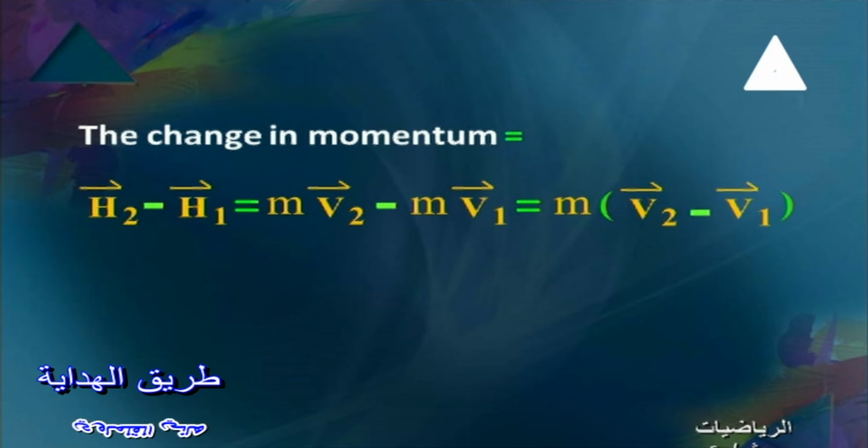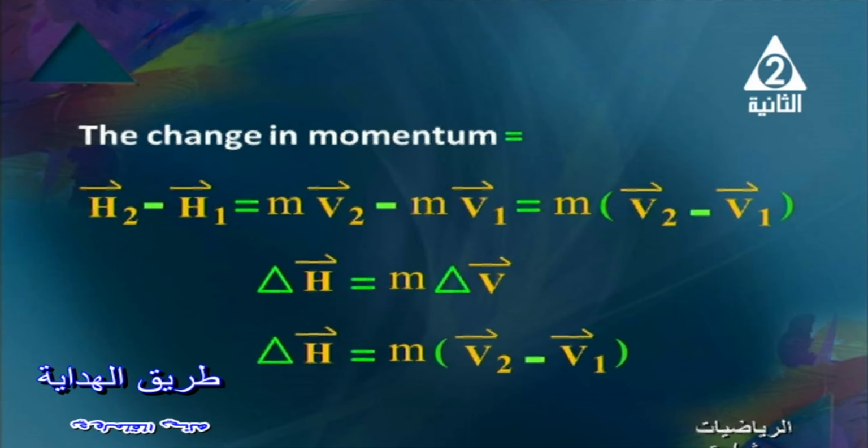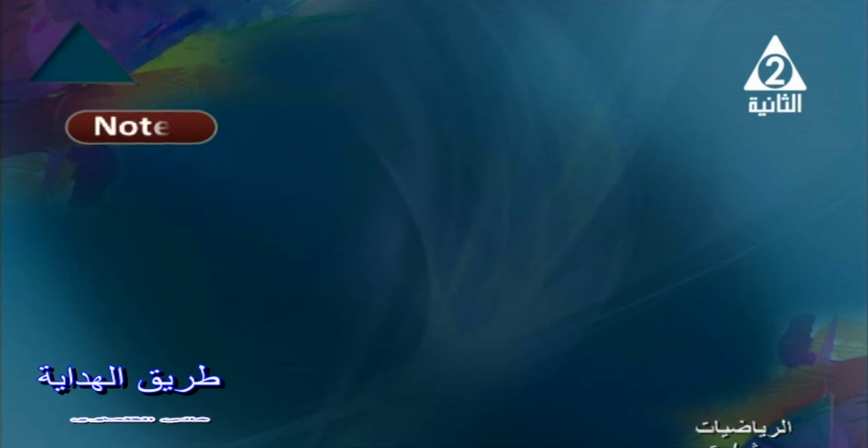We can take the mass m as a common factor, so the change in momentum equals m multiplied by vector v2 minus vector v1. The symbol delta h means the change in momentum, equals m multiplied by delta v, or vector delta h equals m multiplied by vector v2 minus v1. And we have a very important note.